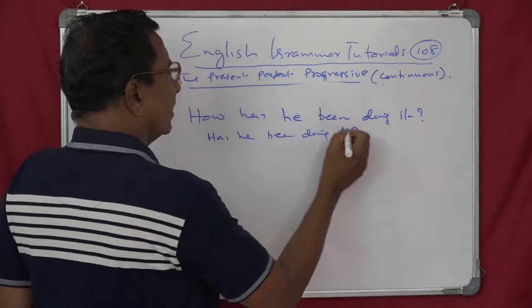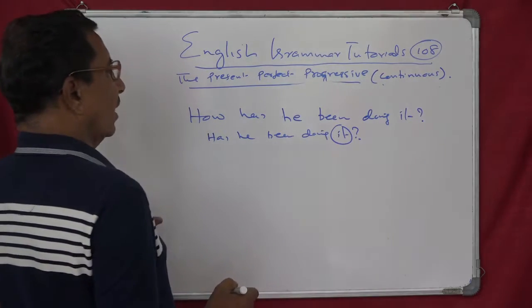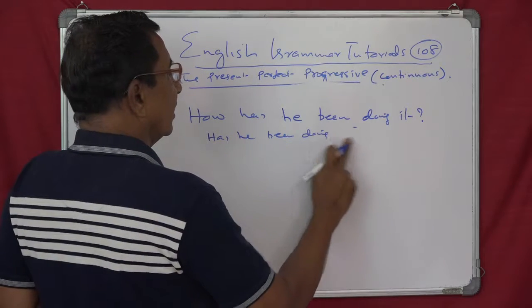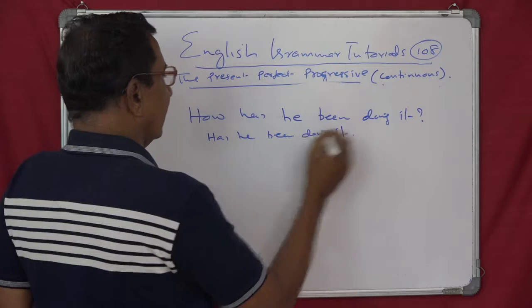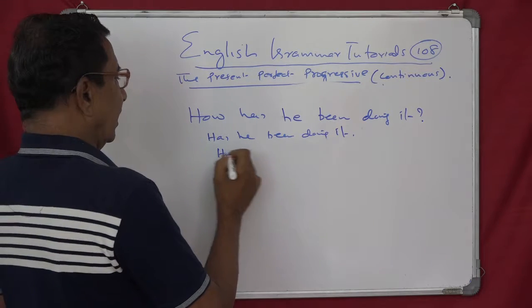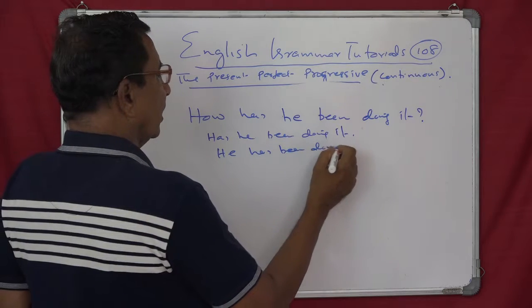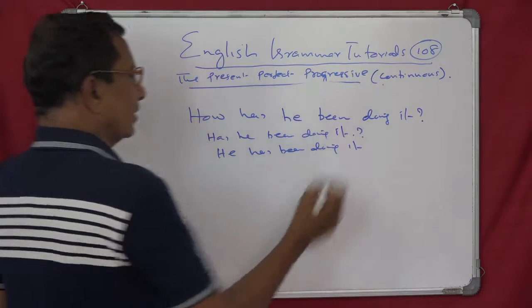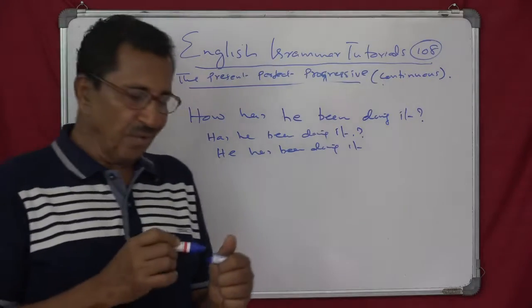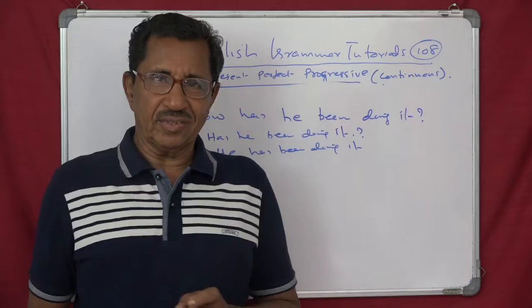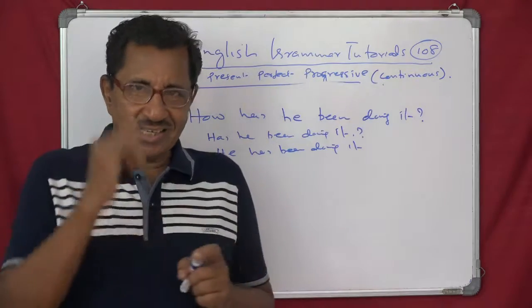Now suppose you want to make it a statement, then he has been doing it. See that? So you can move from WH to statement, from statement to WH. See how they are related, that's the point.